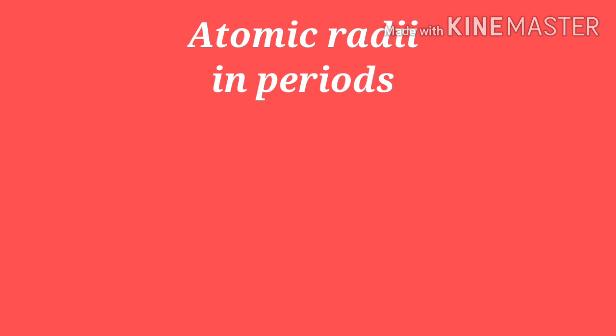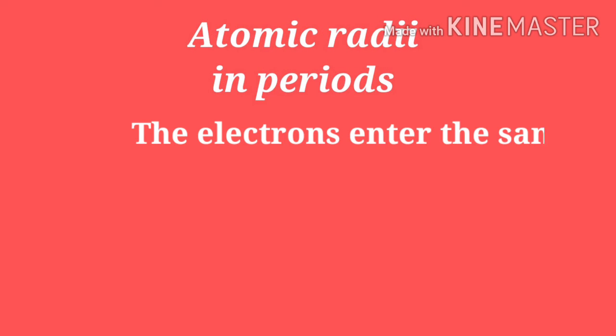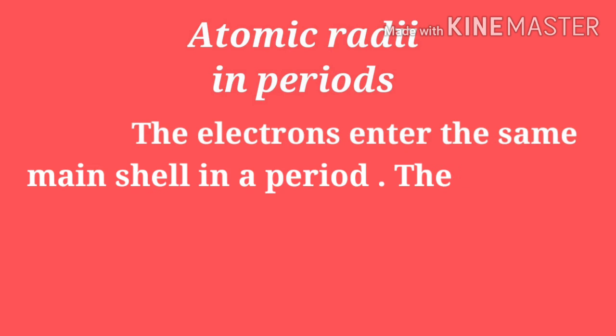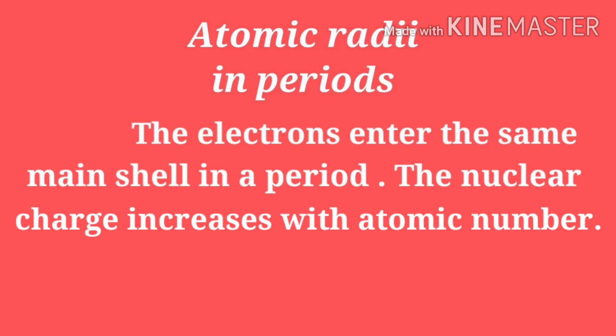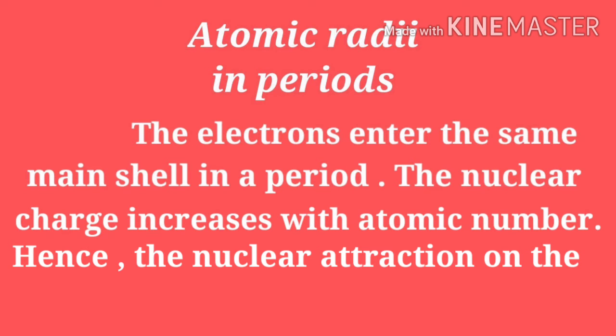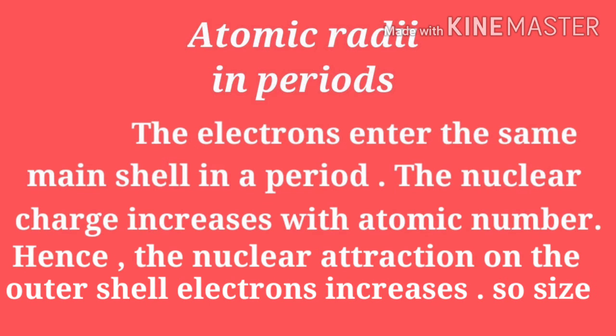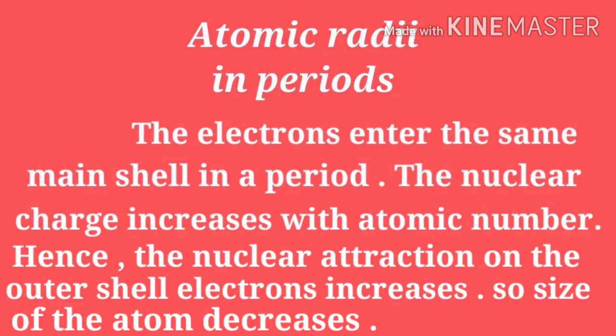Atomic radius in periods. The electrons enter the same main shell in a period. The nuclear charge increases with atomic number. Hence, the nuclear attraction on the outer shell electrons increases, so the size of the atom decreases.